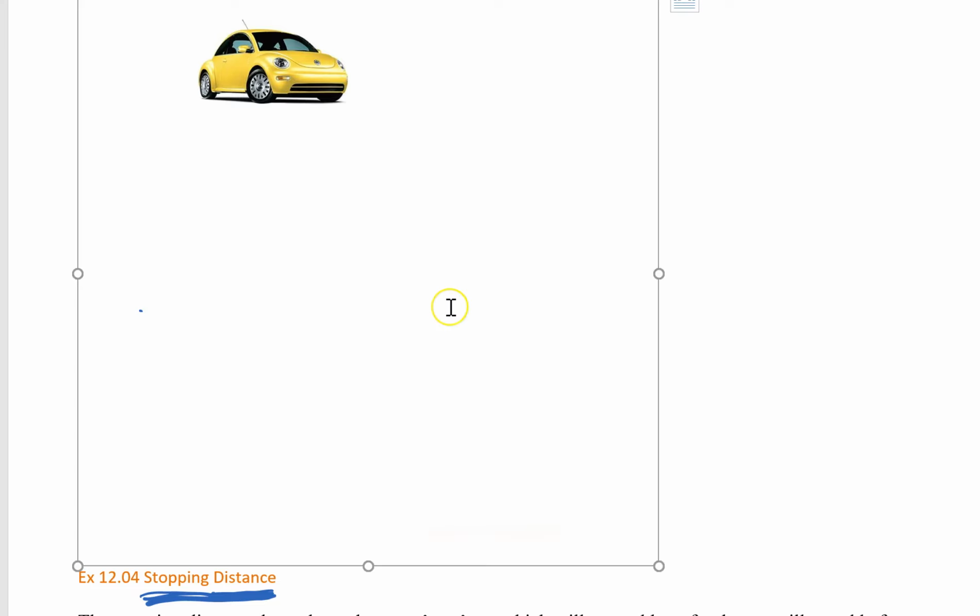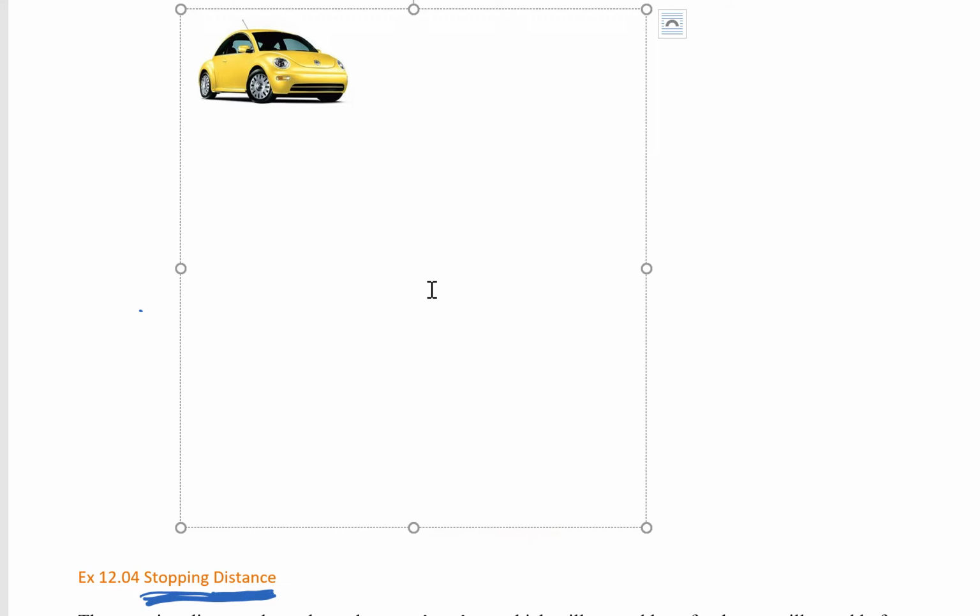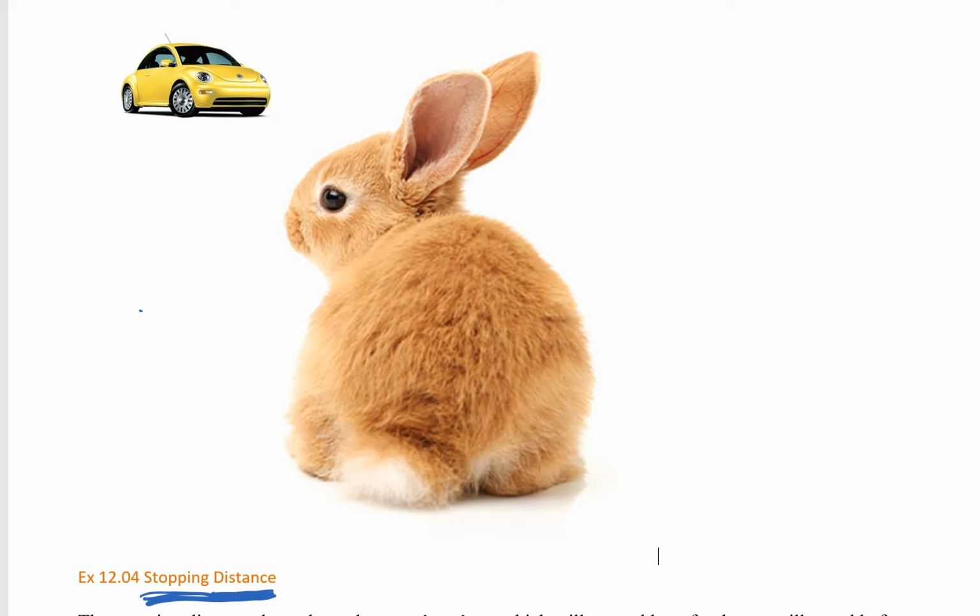But as you're driving along, if something comes up in front of you, suddenly you see something like a rabbit, a bunny, maybe initially you're shocked, but at some stage you put your foot on the brake.